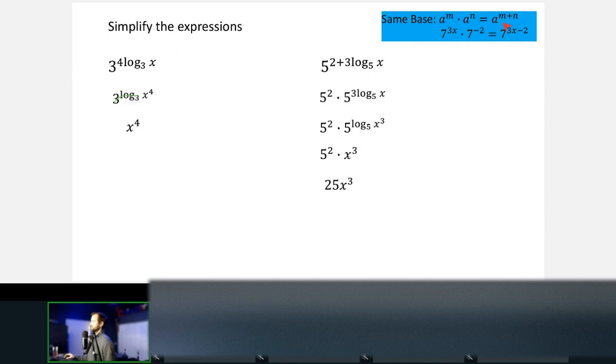So 3x plus negative 2 is 3x minus 2. Okay. So going backwards, when you have two terms like this, 7 raised to the 3x minus 2, we can go backwards by doing 7 raised to the 3x times 7 raised to the negative 2.